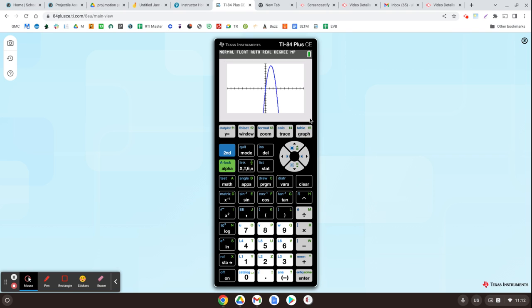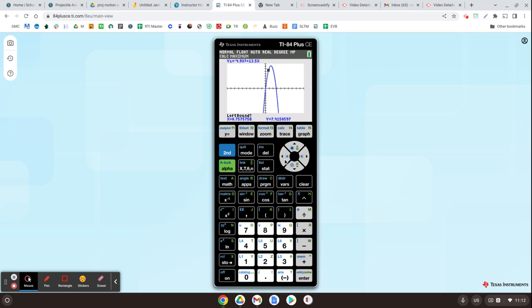Oh, look, this is exactly what we want it to look like. This right here is the maximum height. So if we just go calculate maximum, enter. Oh, no. Calculate maximum. I'm so done with this touch screen. I'm just going to use my mouse.